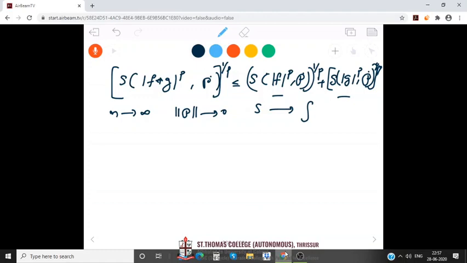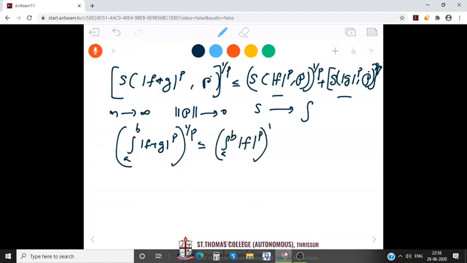So we get the integral from a to b of mod f plus g raised to p, the whole raised to 1 by p, is less than or equal to the integral a to b of mod f raised to p, the whole power 1 by p, plus the integral a to b of mod g raised to p, the whole power 1 by p.